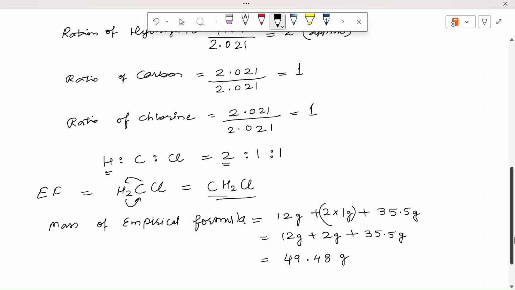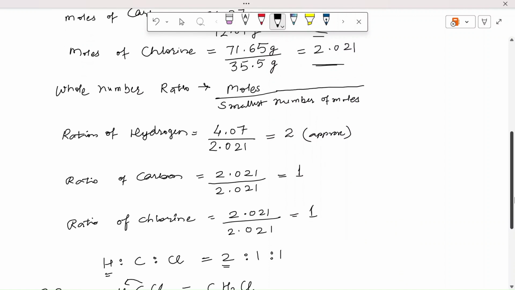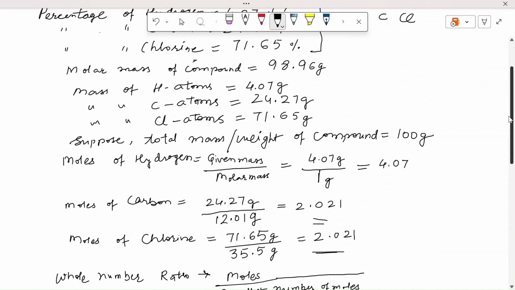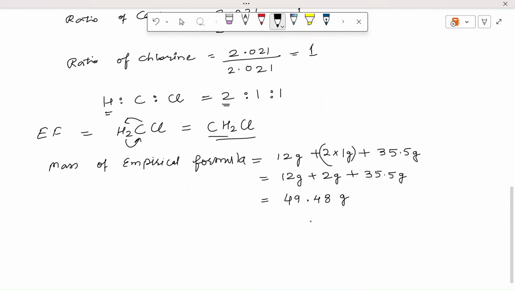But as you know, going to the very top of our question, the actual mass of the compound has been given, which is the molar mass of the compound, 98.96, which does not resemble the mass of the empirical formula.